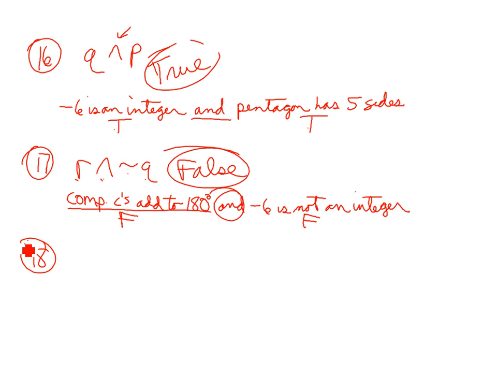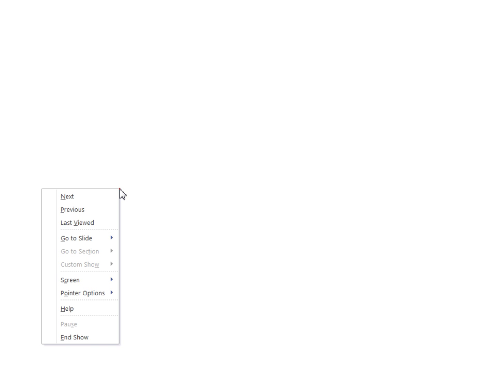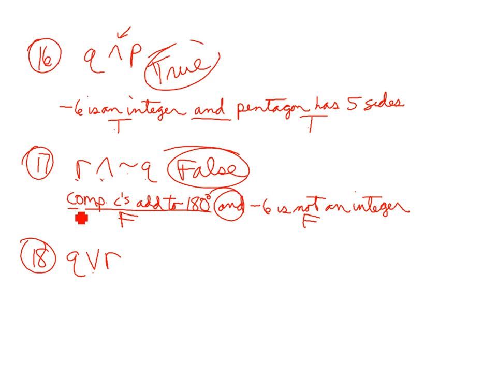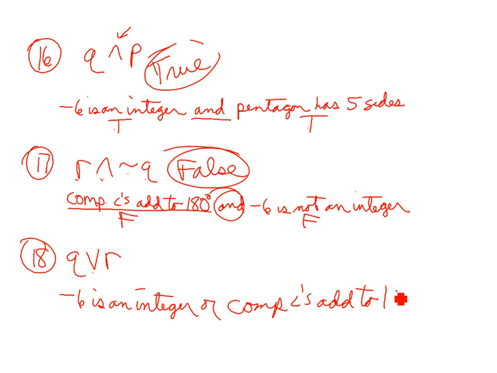18 says Q or R. Remember, the symbol is for or. So this is going to say -6 is an integer, or complementary angles add to 180 degrees.